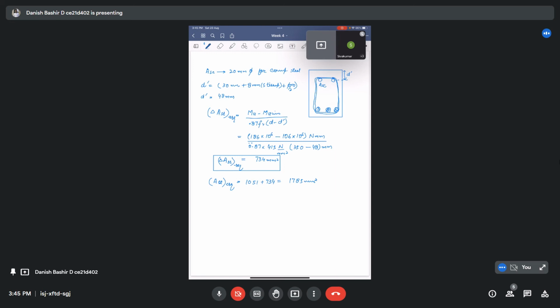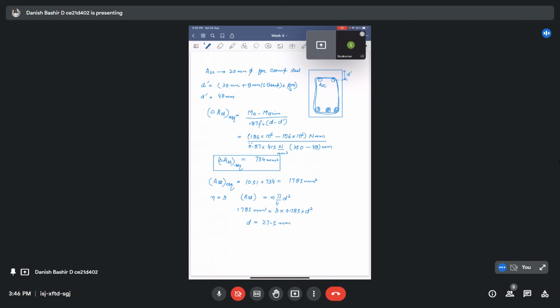Let the number of bars be 3, n equals 3. So we equate AST to n pi by 4 d square, with AST as 1785 mm square, and I calculate d from it. D comes out to be 27.5 mm.